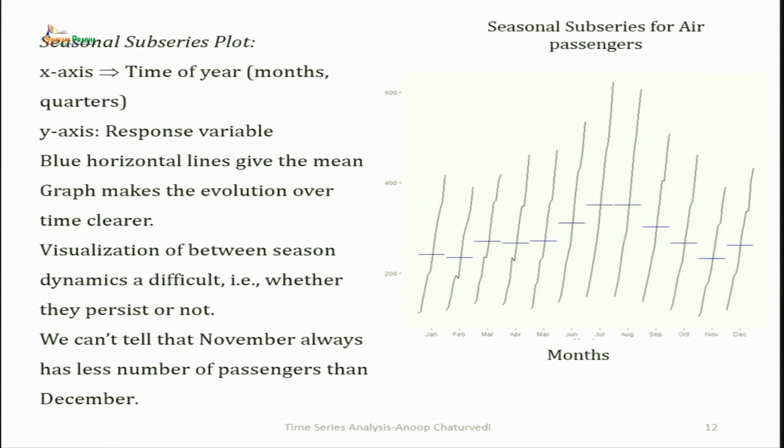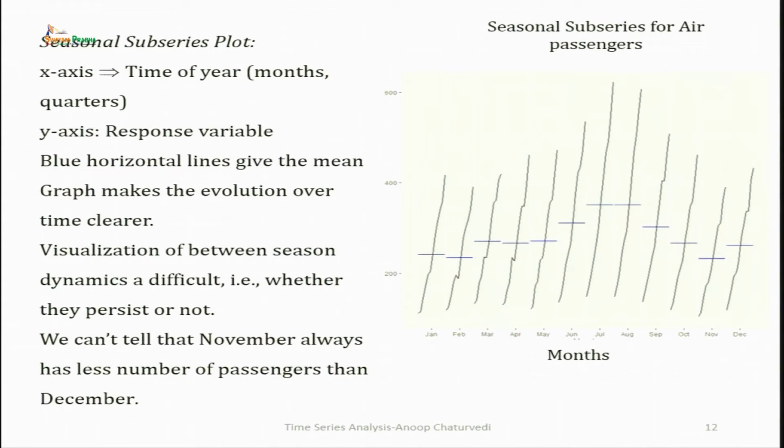But visualization of between-season dynamics is difficult, that is, whether they persist or not. Now, this is a problem with this graph. We cannot tell that November always has fewer passengers than December.